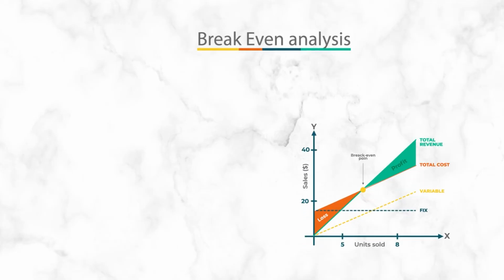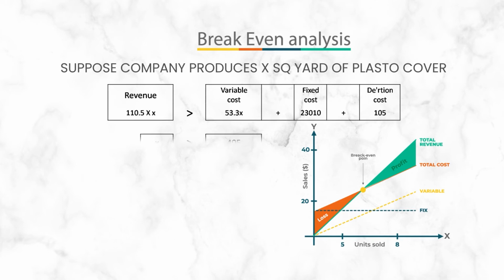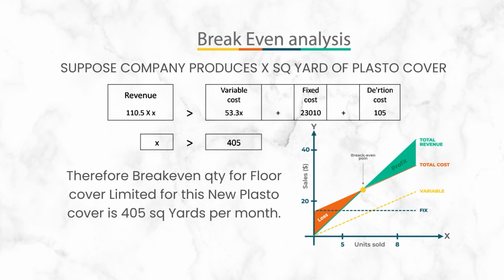Therefore, the break-even quantity for Floor Cover Limited for this new plastic cover is calculated at 405 square yards. How has this been calculated? 405 square yards is what you need to manufacture if you sell this at 110 rupees 50 paisa.